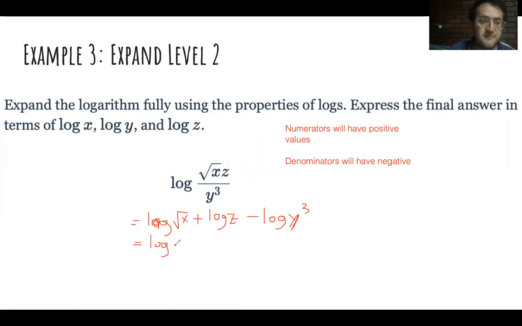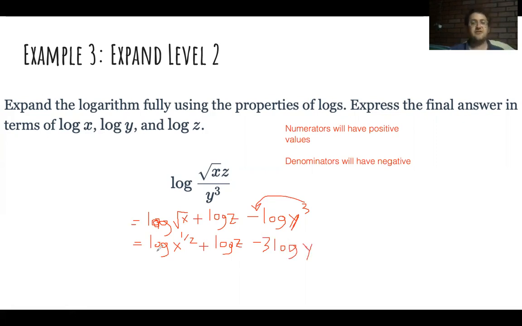And I'm going to write the square root as a fractional exponent. So I'm going to call this x to the 1/2, so that I can get my power rule going. Plus log of z. And then I can move this 3 in front, so I have minus 3 log of y. I'm almost done.